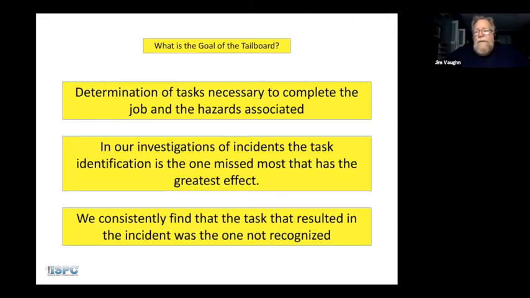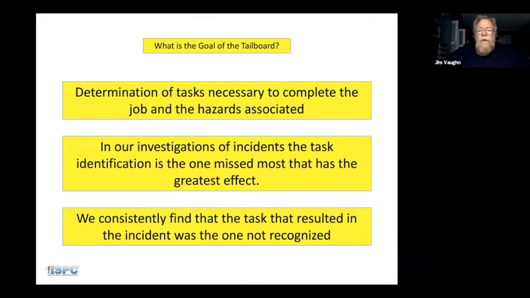OSHA is not. And when they look at tailboards, I actually had the former head of the department in OSHA that wrote the standards testify that the quality of the tailboard was a direct result of the accident that killed the lineman. And he said that never having done a lick of work in the line industry. And they used that in their prosecution of the employer.